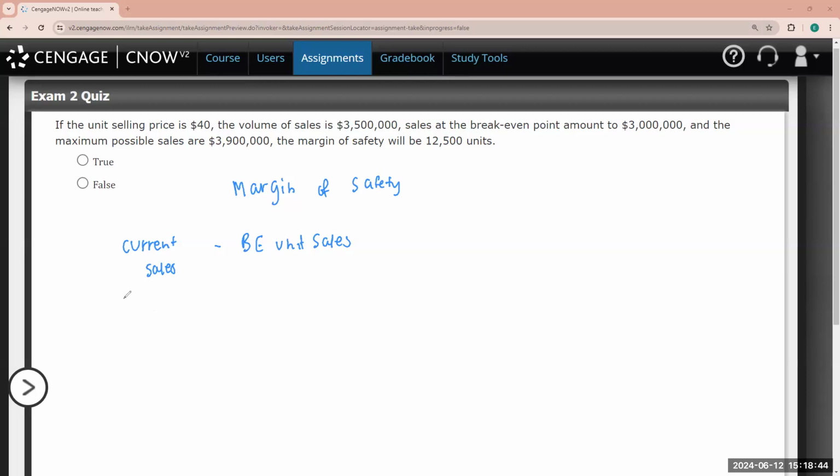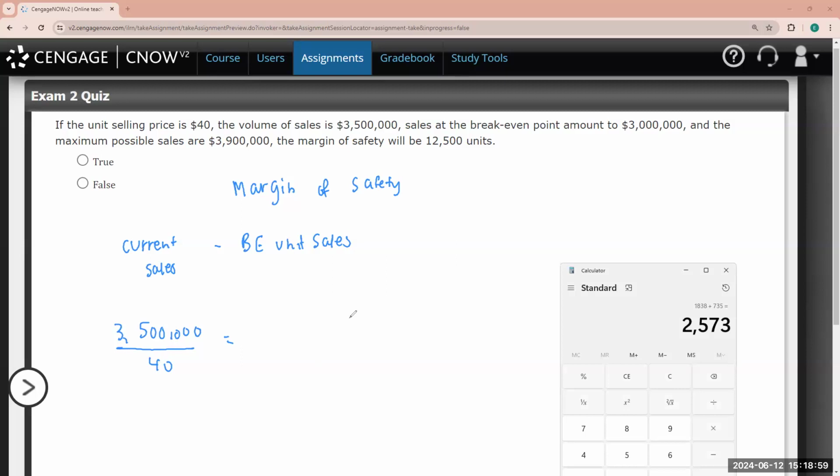So therefore, it would be 3,500,000 divided by 40 equals, so 3,500,000 divided by 40, that lets us know that it will be 87,500 units.